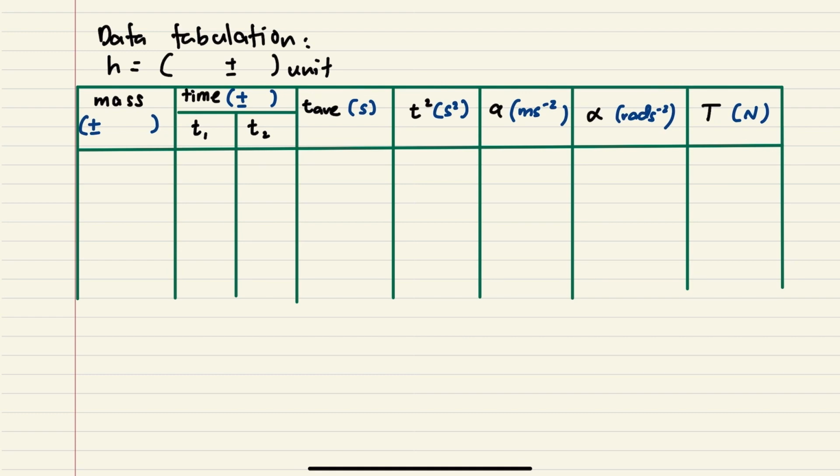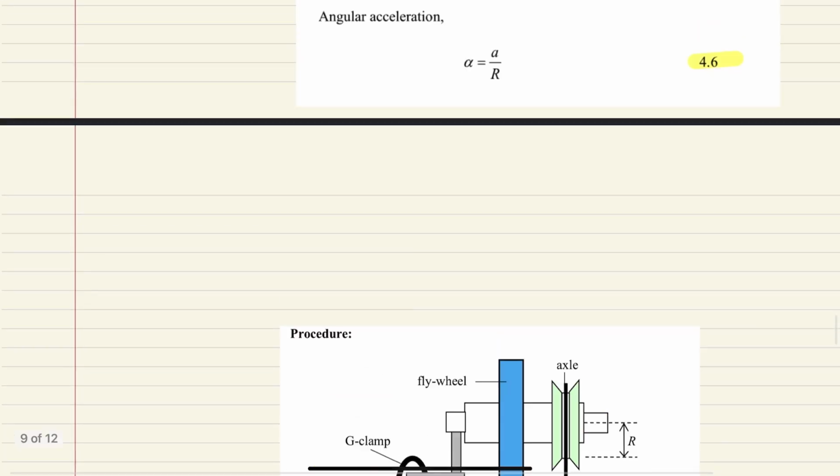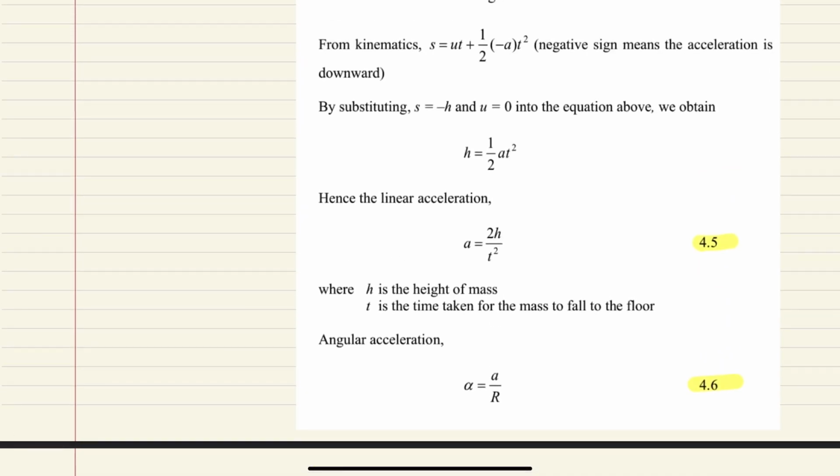After that, you can calculate alpha. How to calculate alpha? You can use this equation. Since you already have the values for A, you can substitute them in here. For each different mass, you have a different A because you have a different T, right?